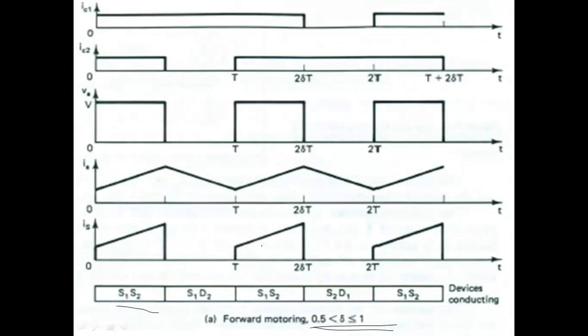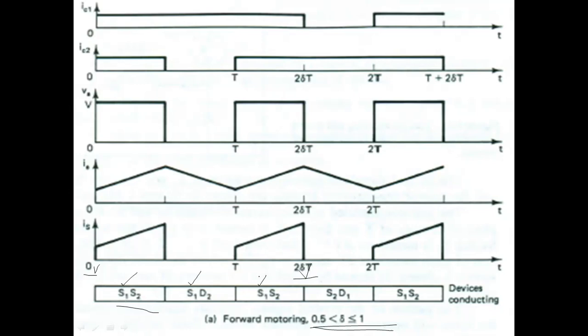S1 is on for 0 to 2 delta T, and S2 is on for T to T plus 2 delta T. So here S1 is on for 0 to 2 delta T. Up to 2 delta T, up to here, S1 is on, right? So see here, you can find S1, S1 and S1 up to 2 delta T.